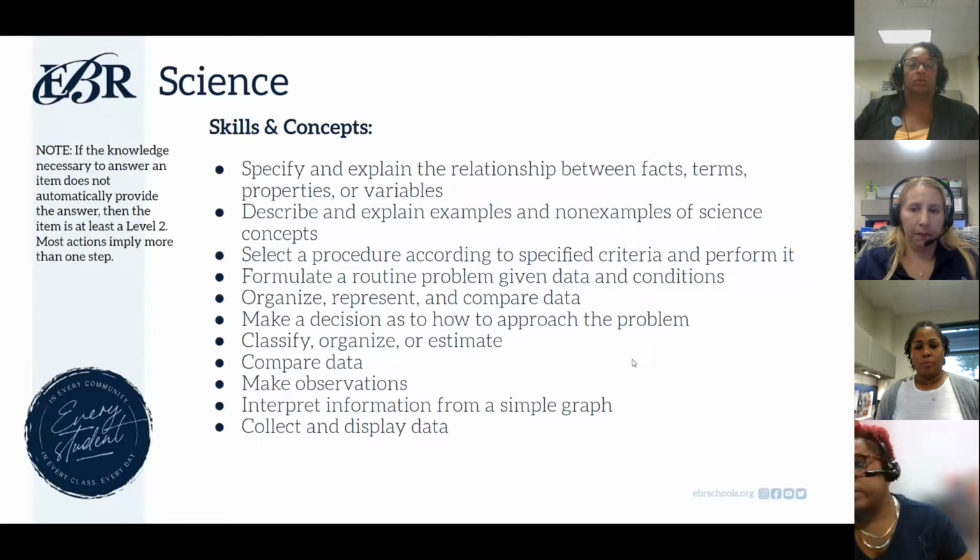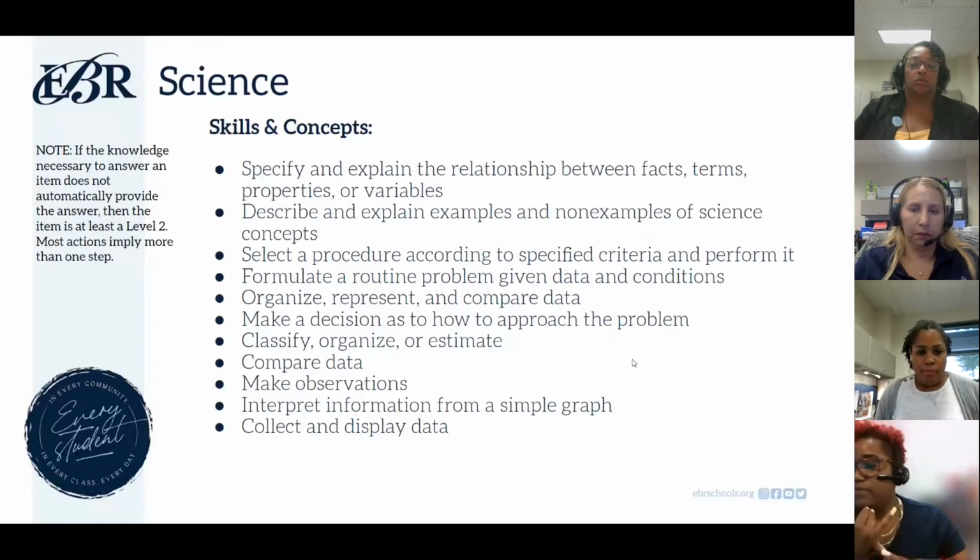When we're talking about DOK level 2, you're looking at skills and concepts. Again, as I described earlier, we're describing and explaining examples and non-examples of certain concepts. We're formulating a routine problem given data and conditions. So children are not creating here. They're being given certain things and being asked to relate that to something else that they have done previously.